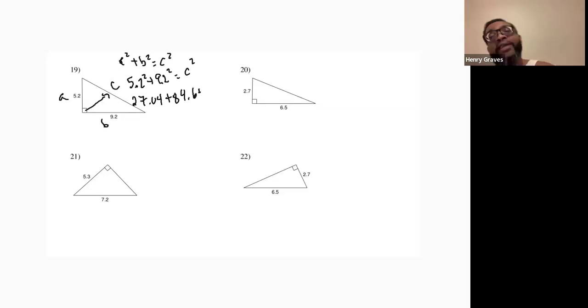You see how when I'm trying to find the C, I add them together? 27.04 plus 84.64 is 111.68. Then when I take the square root on both sides, I have my answer, which is 10.6.